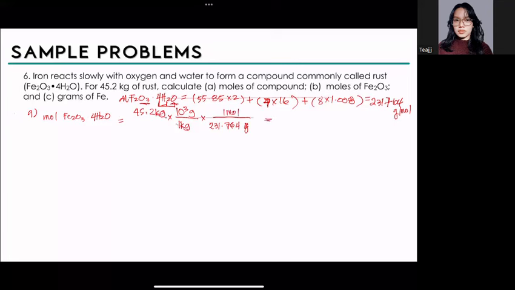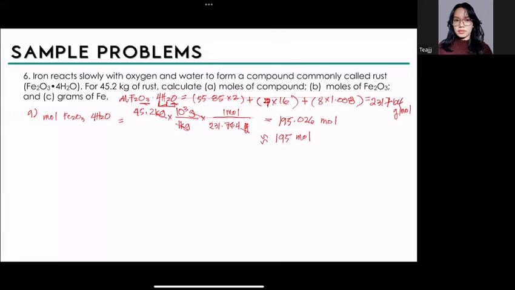So crush out, crush out, crush out, crush out. You're left with moles Fe2O3 4H2O. If you put that in the calculator, you should get 195.026 moles. Or if you round it up to the correct number of significant figures, that's 195 moles. Gets?